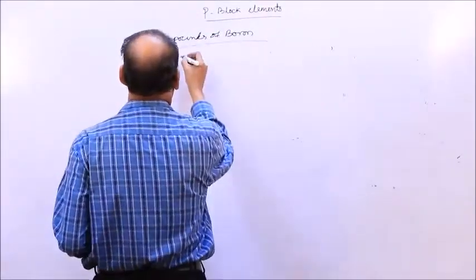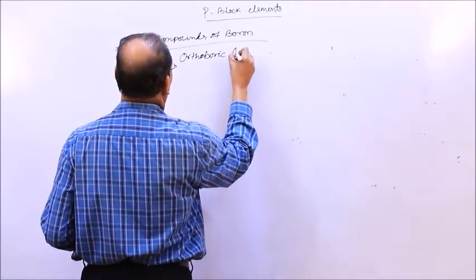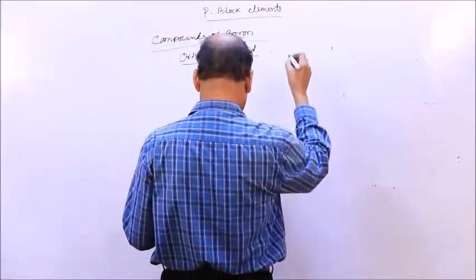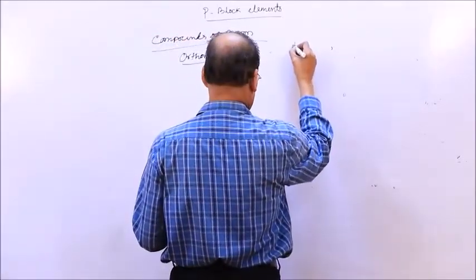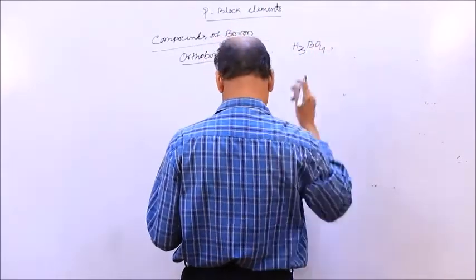Then orthoboric acid. The formula is H3BO3.